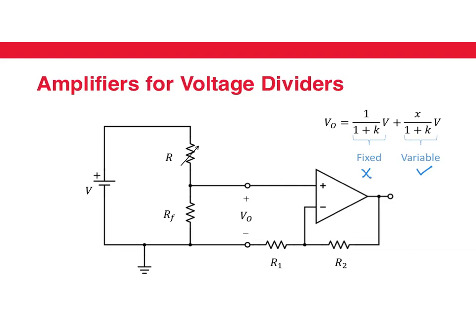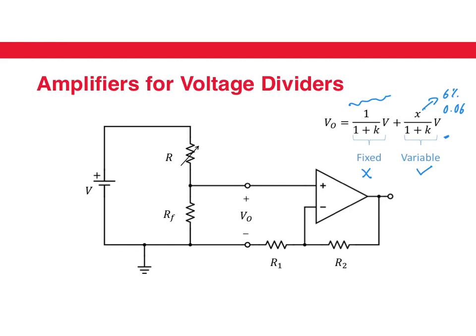But the variable part is 6% of the fixed part, because the value of X is 6% or 0.06. So which means that we have to amplify this small signal in the presence of this large fixed signal.